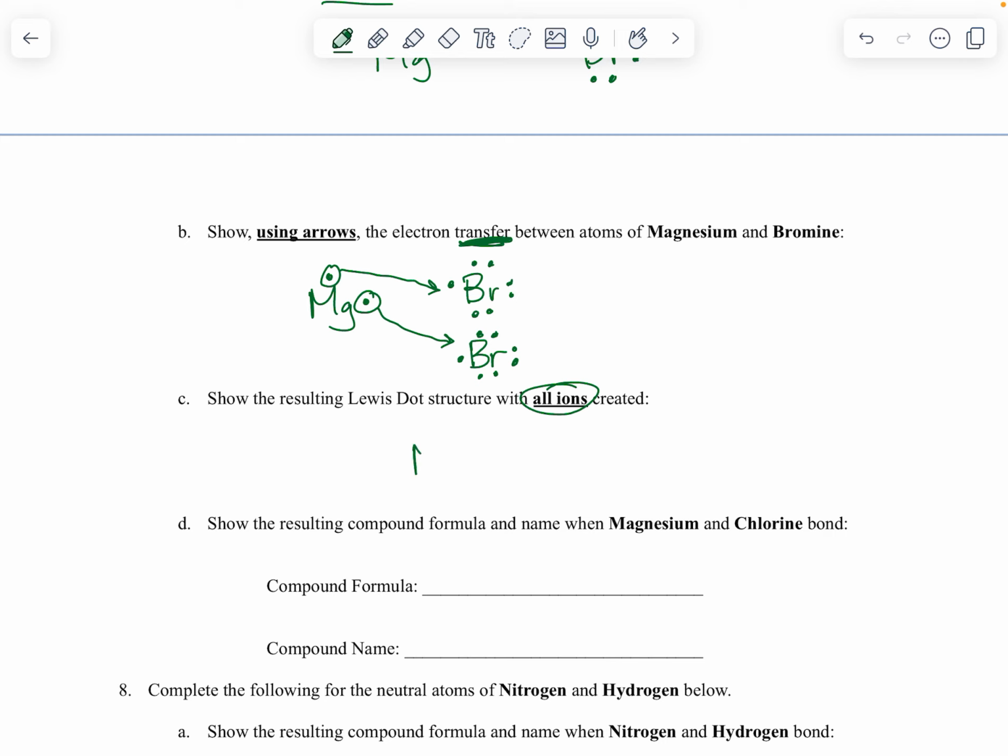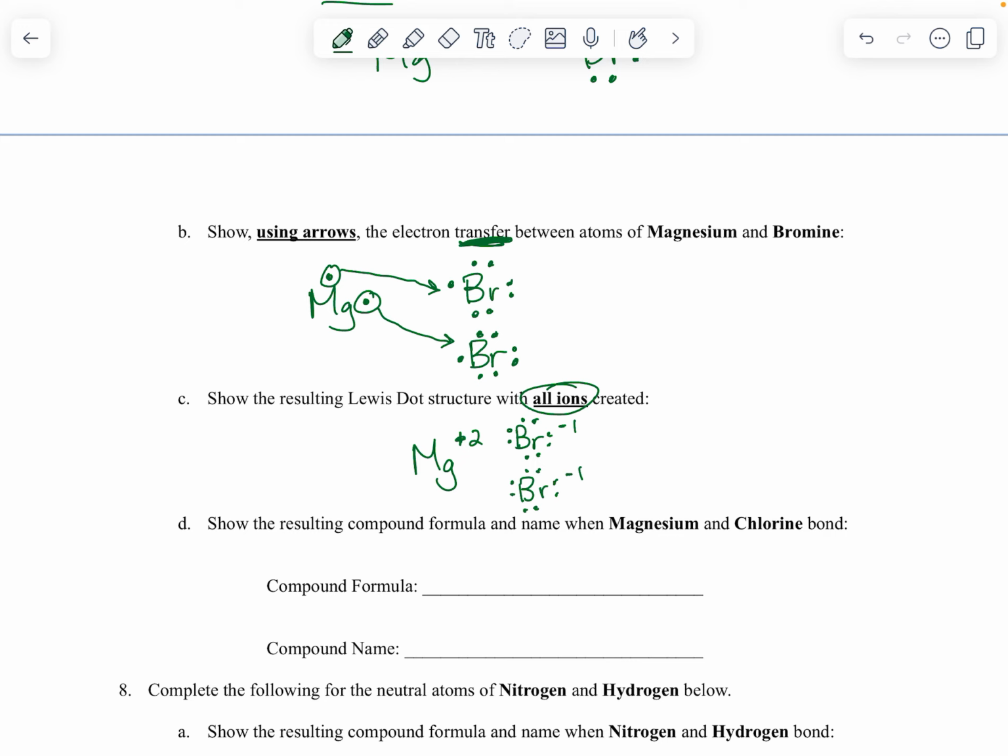And so the magnesium that lost 2 electrons is now more positive by 2. And we have the bromine that now has a full octet because of that additional electron, with a -1 charge, and this one does as well. You might see this with brackets around those as well, just to keep it a little bit cleaner.